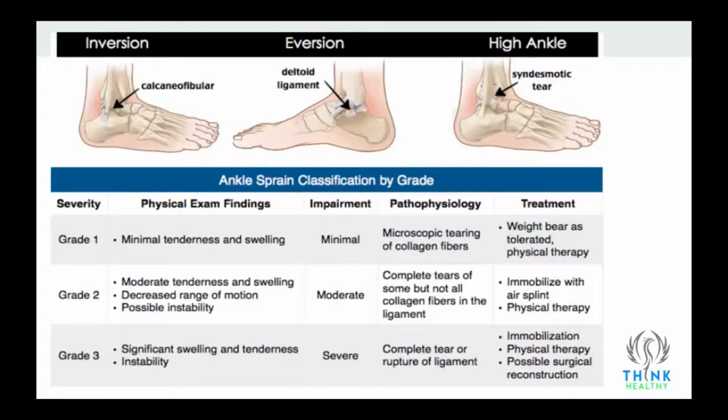During those episodes, it's microscopic tears. Even though it's microscopic and very little, maybe your pain scale is between 3 and 5. But you have to make sure that you wrap it, take the load off, and get started on physical therapy immediately, because this can become a problem much later on, especially if you're a girl and you wear heels, or if you are a male or female and you're a runner, or you have a type of job that requires you to be on your feet a lot.